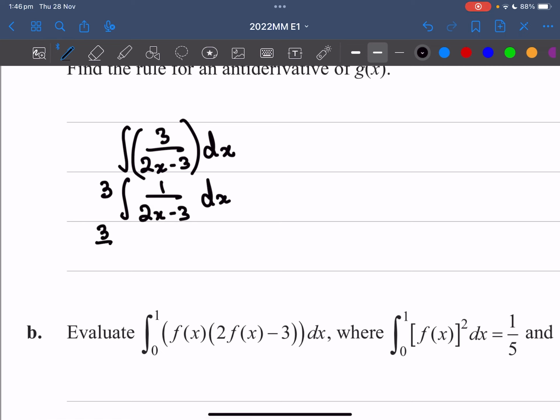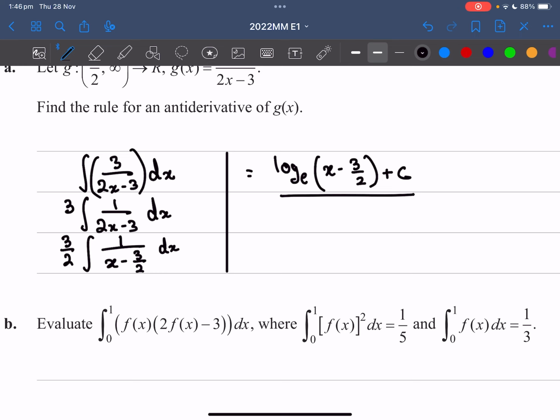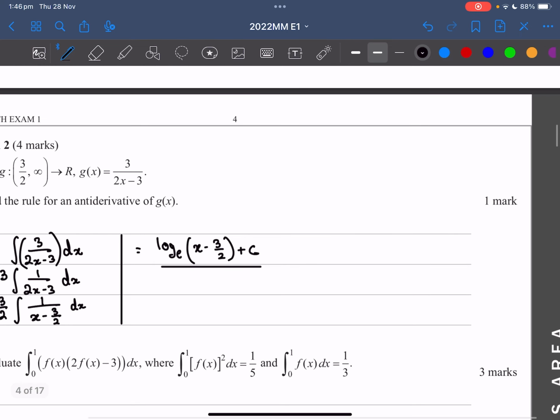So 3 on 2, and we'll have 1 on x minus 3 on 2, dx. Now we know that if we integrate this, we'll get a log. So our final answer would be log base e of x minus 3 on 2 plus c. How many marks? That's 1 mark for the answer.